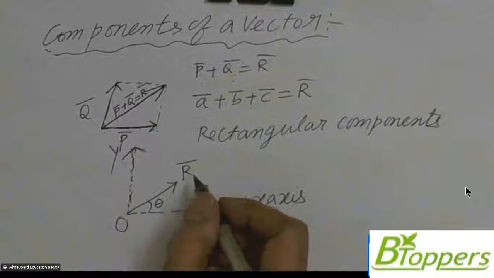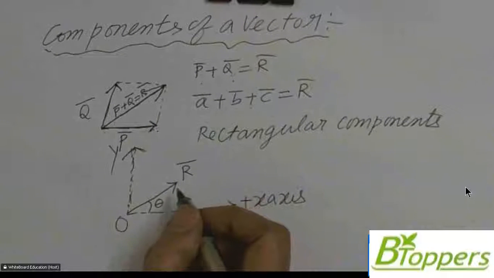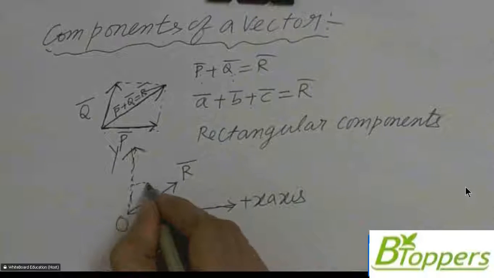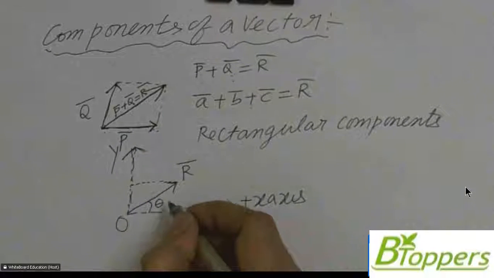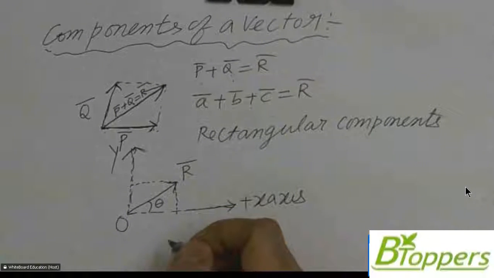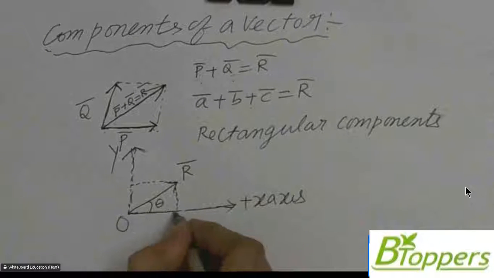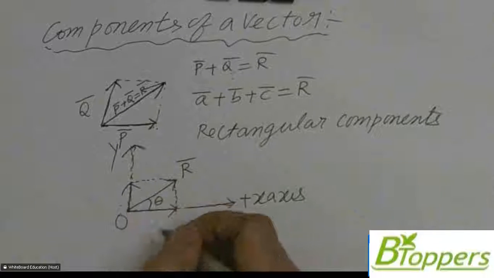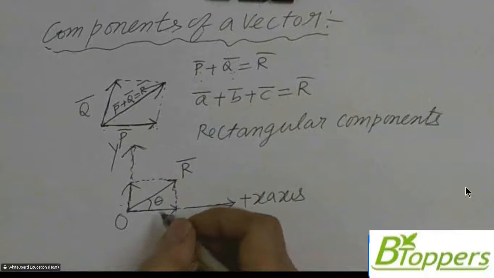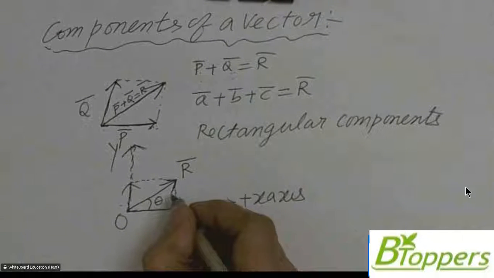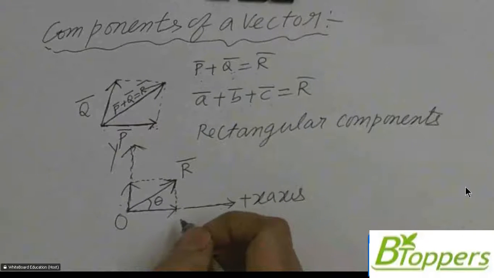Then to find the rectangular components of the vector along the two coordinate axes, you have to construct a rectangle with adjacent sides parallel to the x and y axis such that the vector r bar acts along the diagonal of the rectangle.